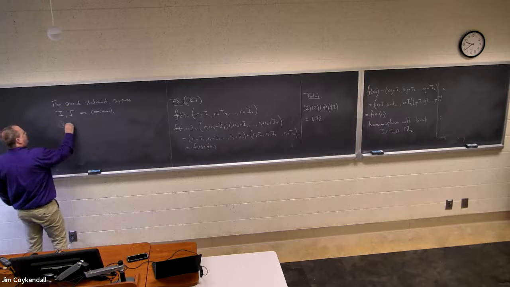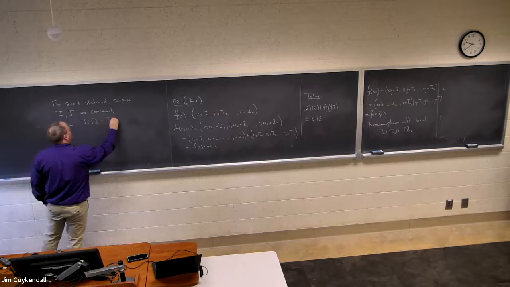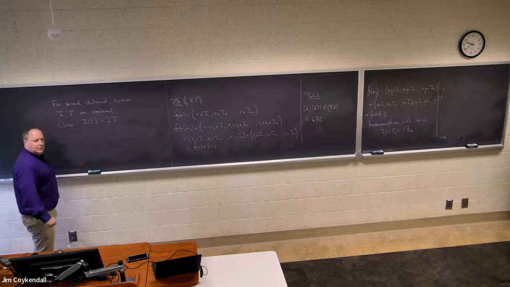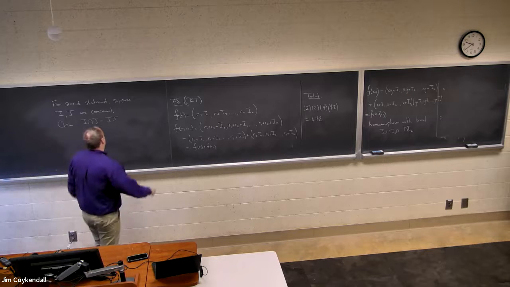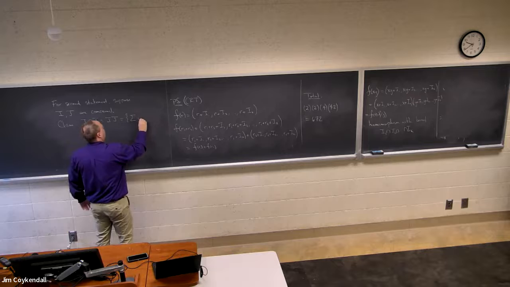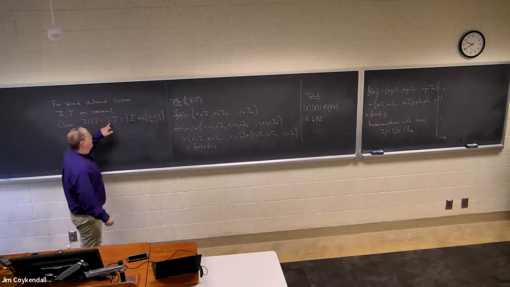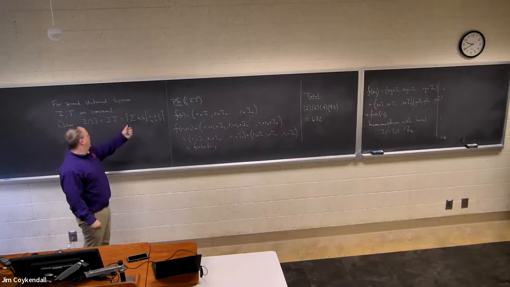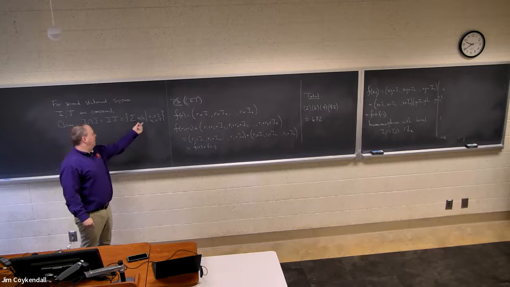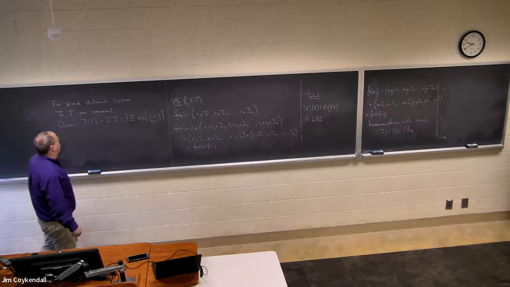The first thing I do is I claim that I intersect J is equal to IJ. And one of the reasons I'm doing this proof is to kind of recall some of this stuff. Remember, what IJ looks like is it's a times b, a in I, b in J, and you've got to add them up, because otherwise it's not an ideal.